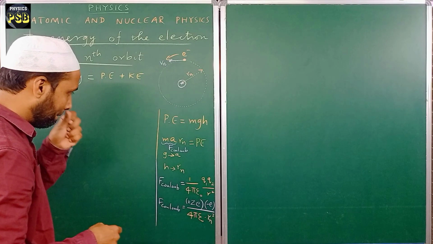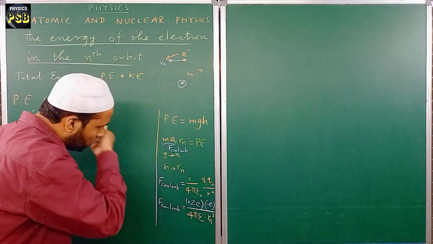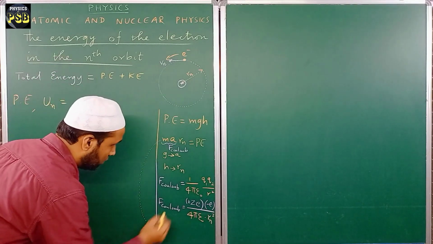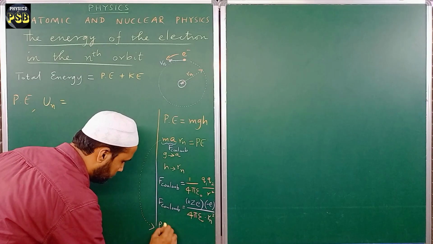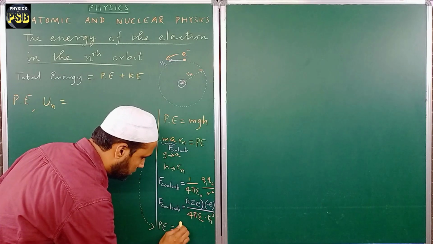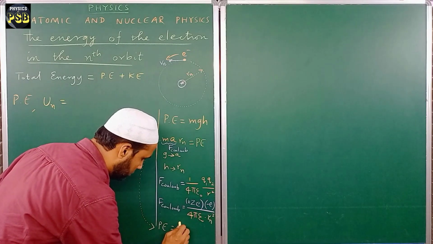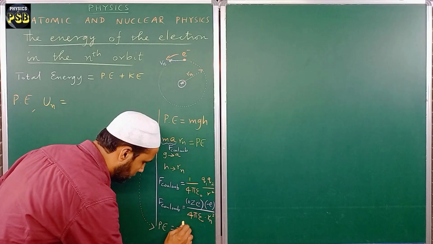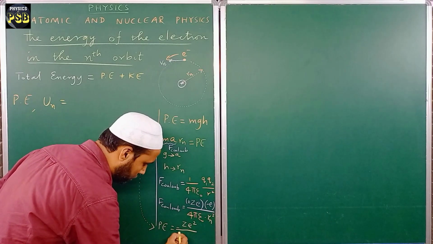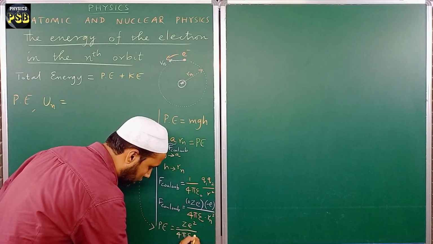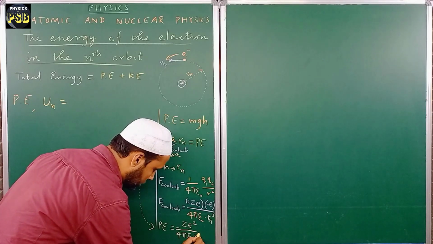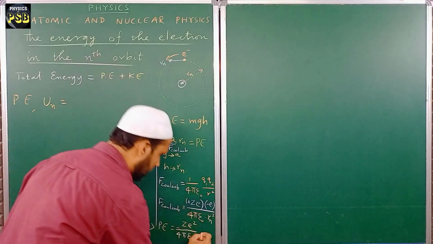Now from this, if we multiply this with Rn, I'll get the potential energy from this equation. So potential energy is obtained if I multiply Coulomb's force with Rn. If I do so, minus sign Ze square, if I multiply these two, divided by 4 pi epsilon naught Rn square, it is multiplied with Rn here.